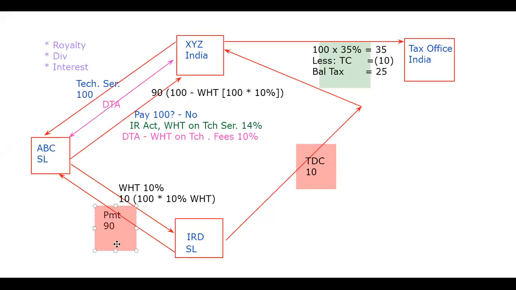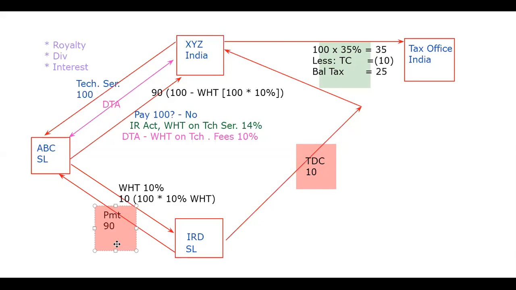Normally every company will have a foreign transaction. When they have a foreign transaction, they will send money through the bank, no? The Inland Revenue Department has asked all banks not to send any money outside Sri Lanka unless they pay withholding tax.